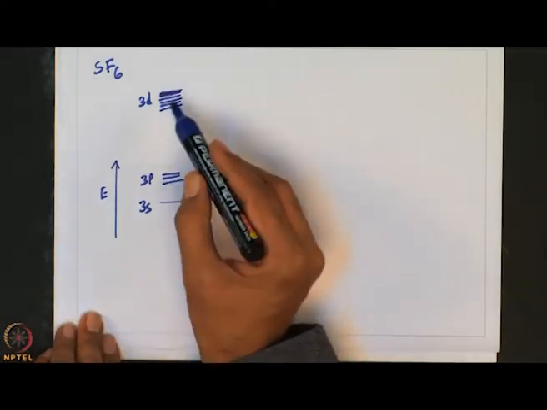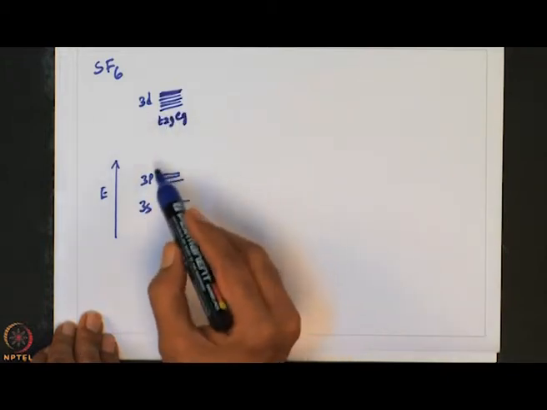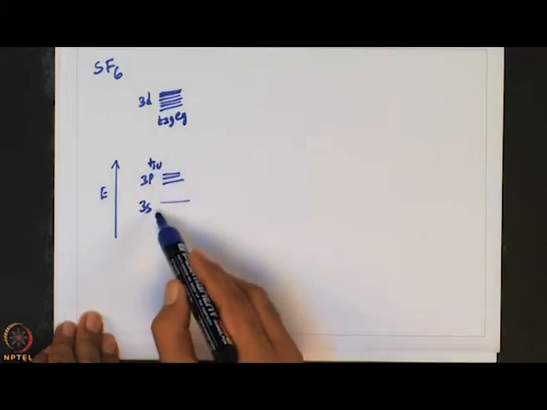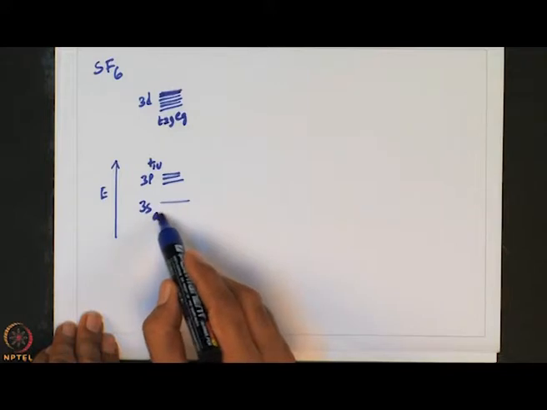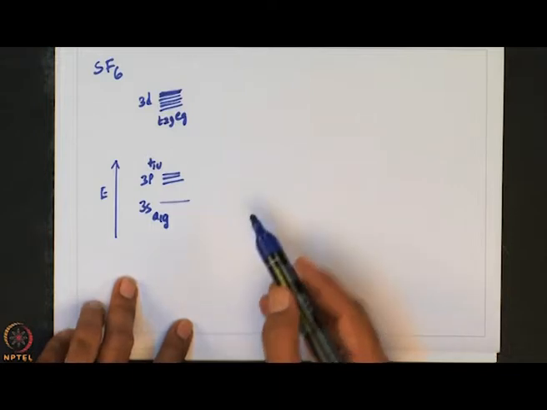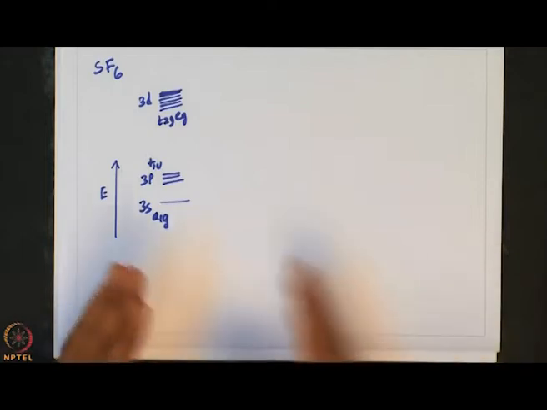Of course, they have T2g and Eg symmetry, and they have T1u symmetry, and this one is A1g symmetry. That is not important here, and now we are again considering 6 fluorine orbitals. I am not considering all, very similar to what I did in the case of BF3. Just for the explanation, I am considering only the 6 orbitals that are participating in bonding, so the remaining will remain as non-bonding.